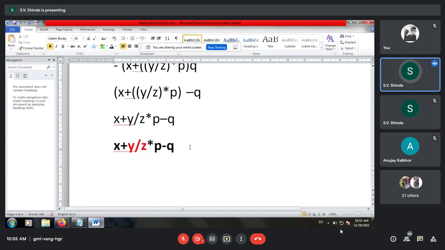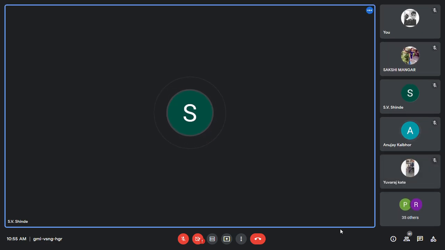Yes, anybody has any questions on today's topic of expression evaluation? So I recommend all of you that whenever you convert a given infix expression, suppose we have converted this infix expression into an equivalent prefix expression, then you can validate it by reversing the process to get the original equation.